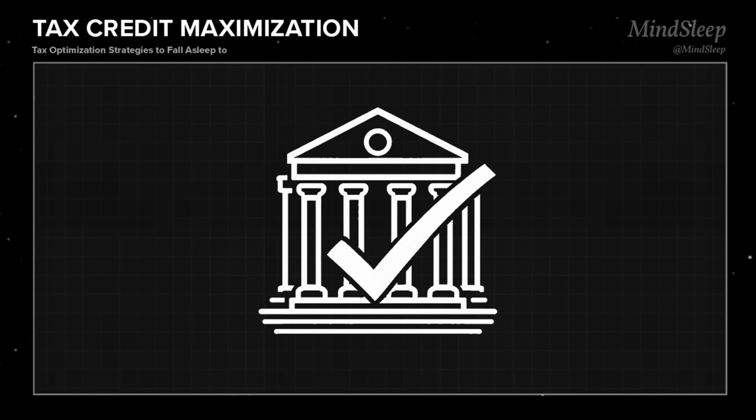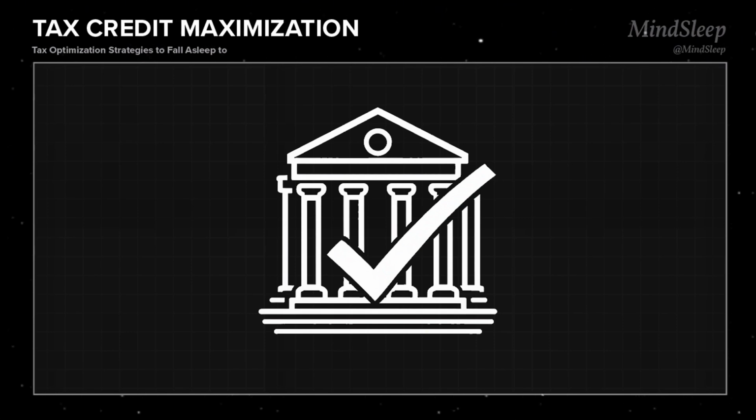For instance, the EITC has specific income thresholds that vary based on filing status and number of children. A slight increase in income could potentially disqualify you from thousands of dollars in credits. Therefore, careful income planning becomes crucial.